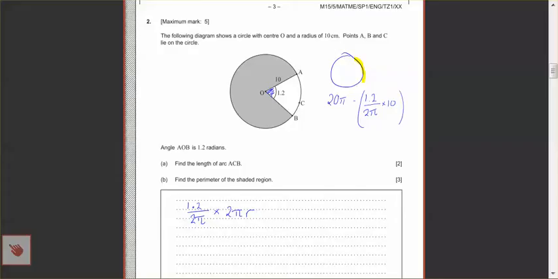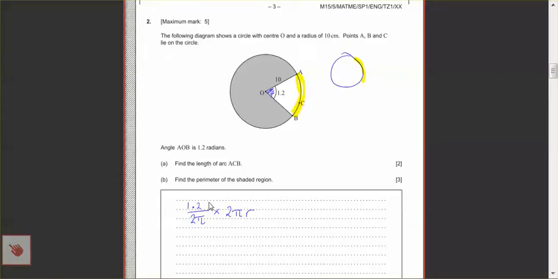Okay, yeah. You're okay with that, yeah? Get rid of that. Wait, so 1.2 over 2 pi, what does that figure out? This here would work out that arc length, because it is a fraction of 2 pi r. Oh, so 1.2 over 2 pi is for the length.